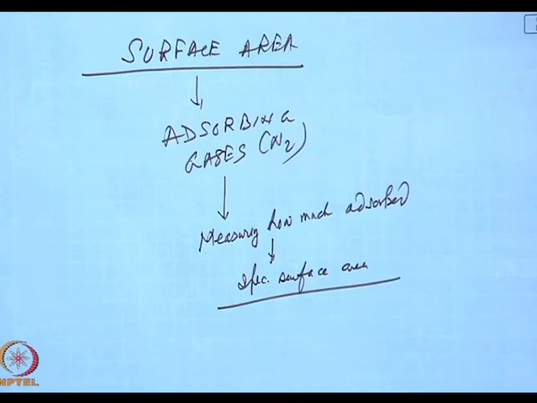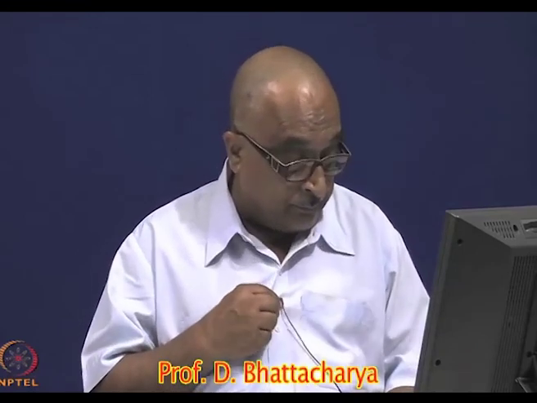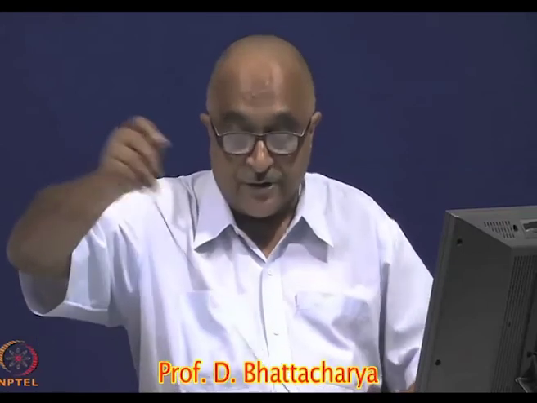Warm the vessel up and find out how much nitrogen is degassing. The amount of nitrogen which is degassing is proportional to the surface area. That gives you the specific surface area.